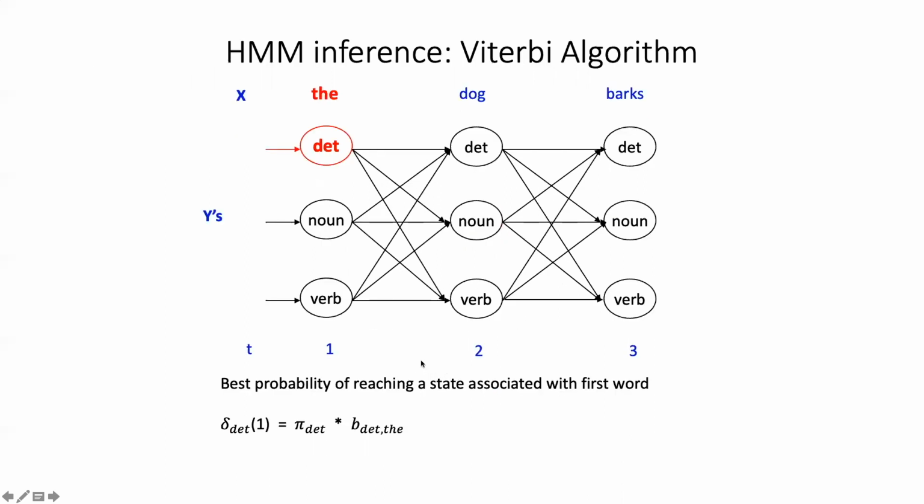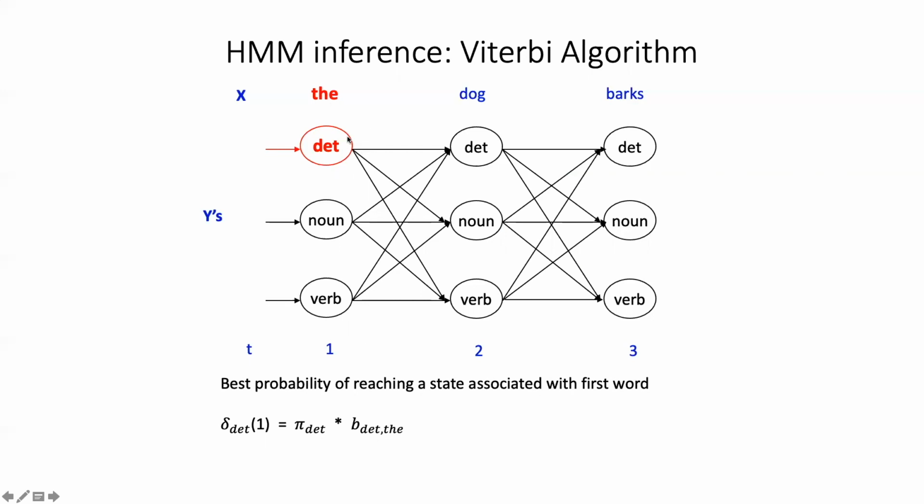In order to compute that, first let's see the possibility of coming from the determiner state, and in that state emitting the symbol the. This is computed by pi det multiplied by the emission probability of the word the being in the state determiner.